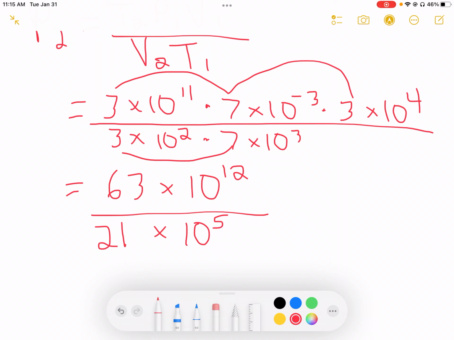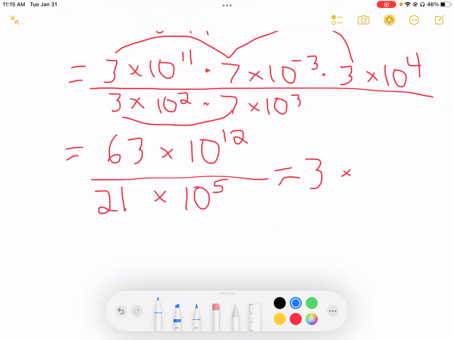And then I can go ahead and figure out my final answers. So I actually have 63 divided by 21, which worked out to be 3. And then what about my exponents? If I have 10 to the 12 on the top and 5 on the bottom, what did we learn about exponents before? If I have x to the 4 on the top and x to the 2 on the bottom, I just go ahead and subtract those, so x to the second.